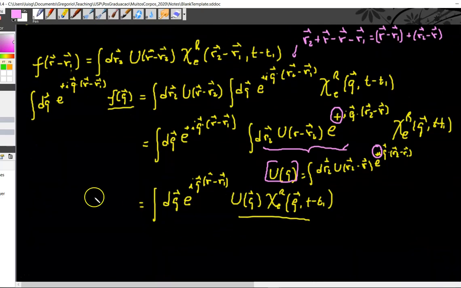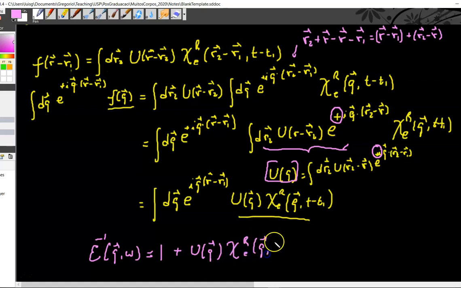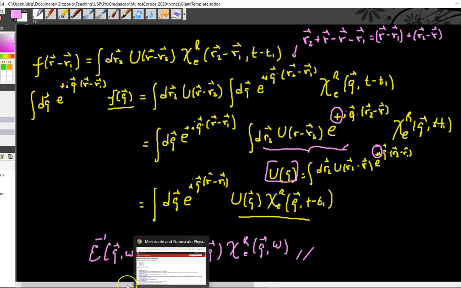So that's how we get to the final result that epsilon minus 1 of q and omega is 1 plus u(q) chi_e of q and omega, right? The tricky part is to get the u of q, and there's this definition here. So let's go to the slide and finish this.